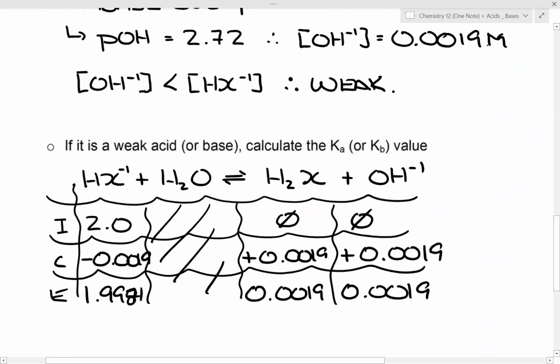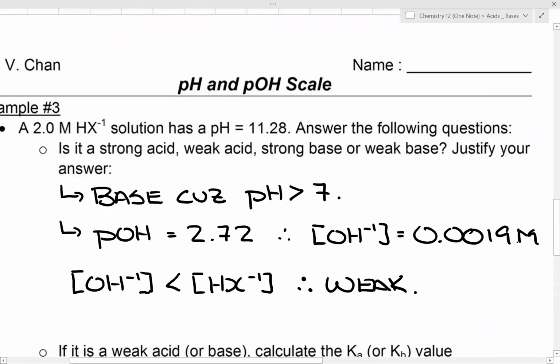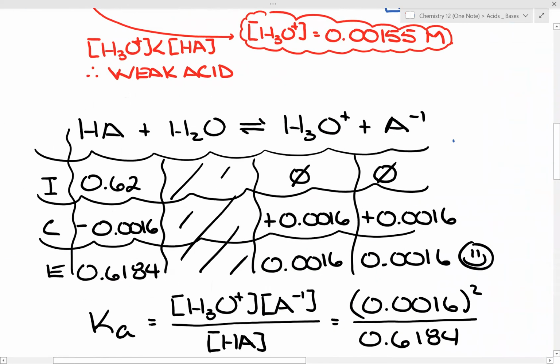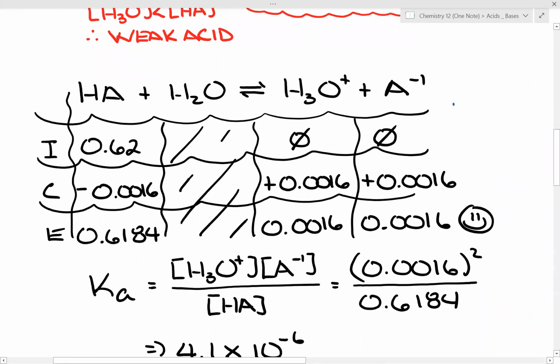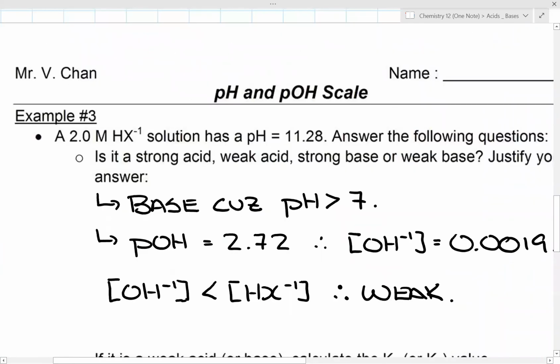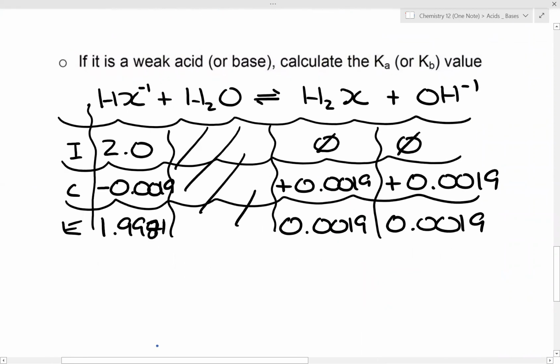Now, notice the setup. This looks exactly the same as what we had up here. We were looking for the equilibrium concentration, but in this case, the ICE table was set up looking for the acid concentration of H3O⁺. In here, we set it up looking for the base concentration of OH⁻.